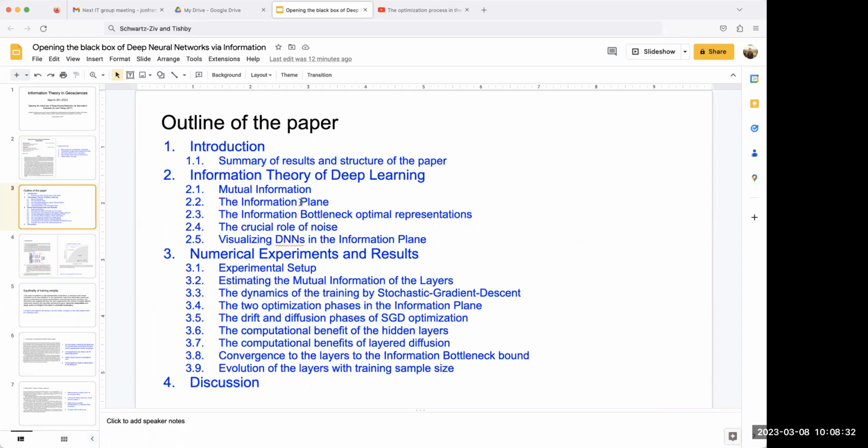So we'll talk about a little bit of background of information theory of deep learning, and then talk about the numerical experiments that they did, which are all kind of toy models, and then some of the results that show the way that the network converges to that information bottleneck theoretical boundary, and then some information on the two different phases of the learning process. One is drift, and then one is diffusion.